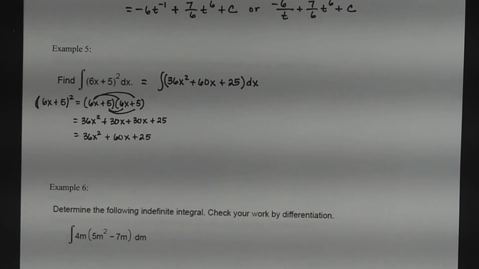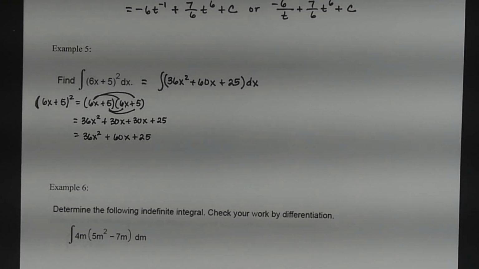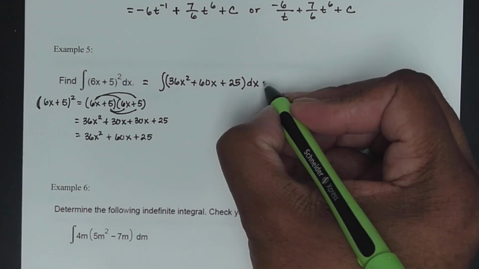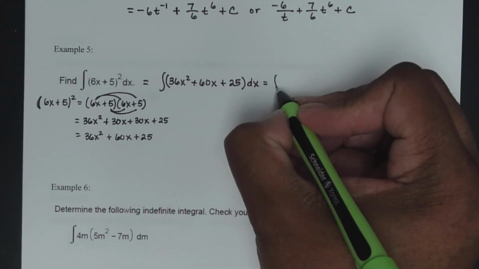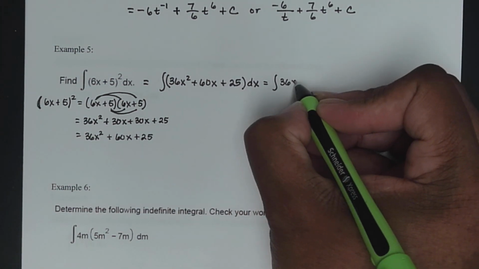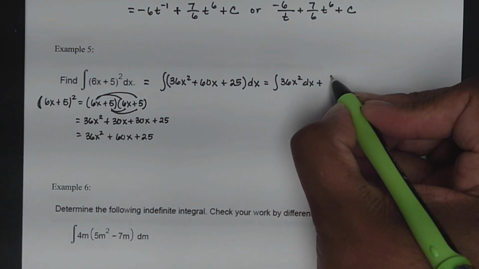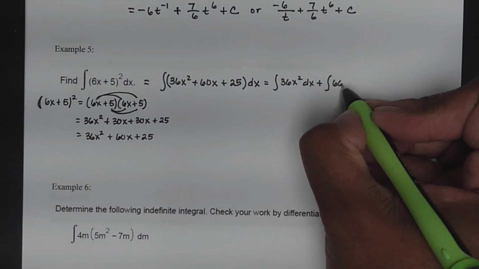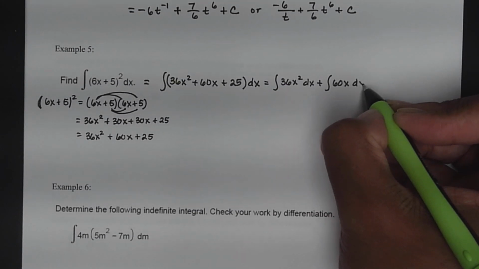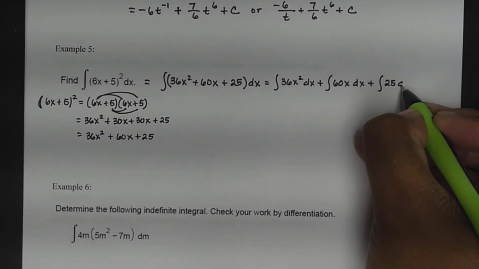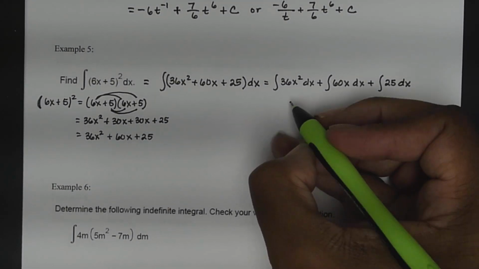Now let's go ahead and use the sum rule for integration by taking the sum of their individual integrals. So this will be the integral of 36x squared dx plus the integral of 60x dx plus the integral of 25 dx.